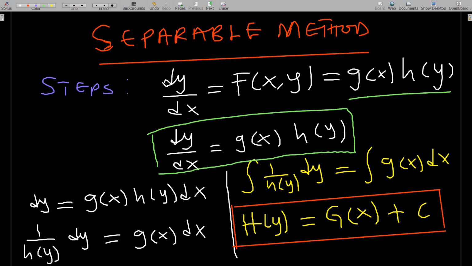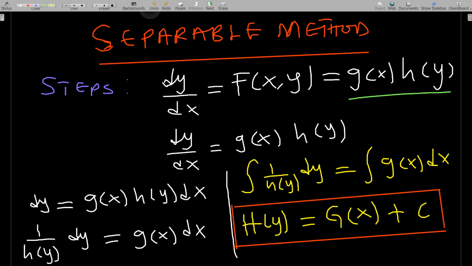This is where the separable method comes in. You try to group the y's and dy's at the left side of the equation, and group the x's, or the functions that include only x, at the other side. So here, dy/dx equals g of x times h of y.